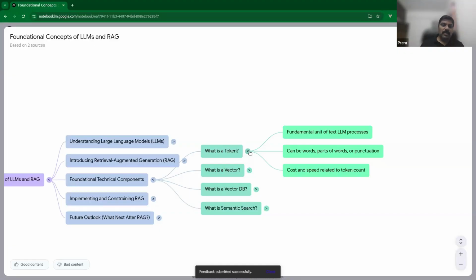Any way you can split. How you are going to split depends on your use case, I would say. You can even split into words, a sentence, a paragraph. But what makes more sense is the sweet spot you need to find.